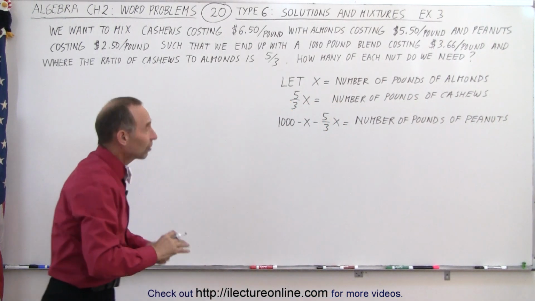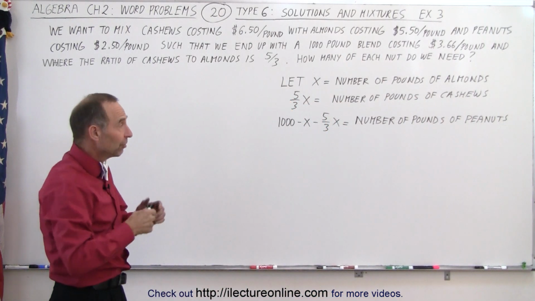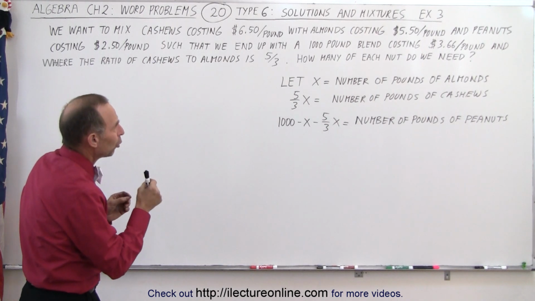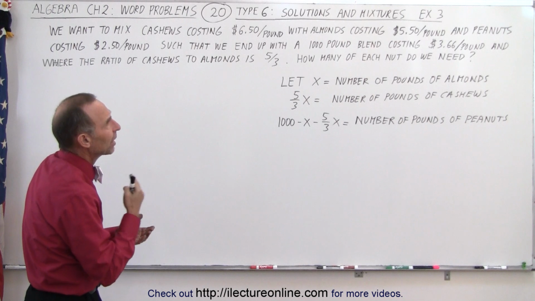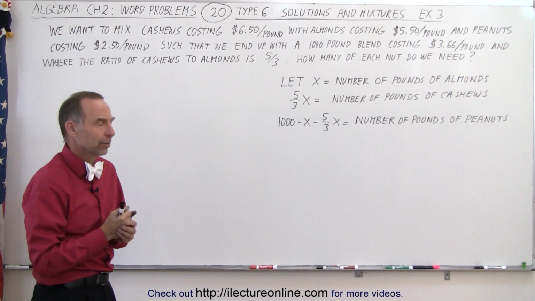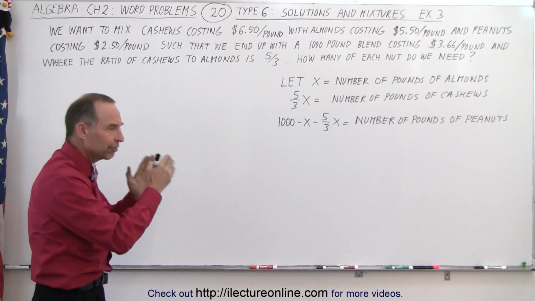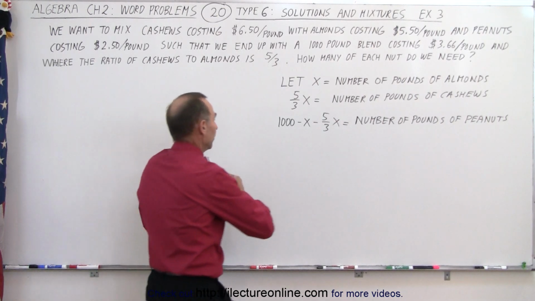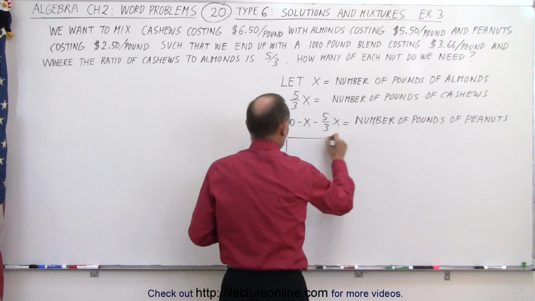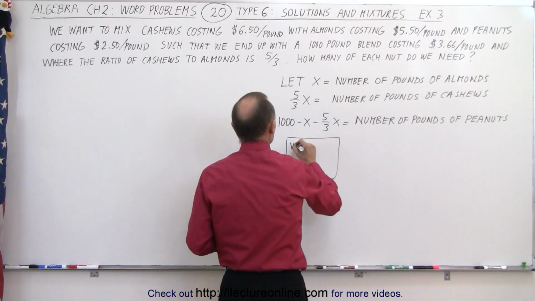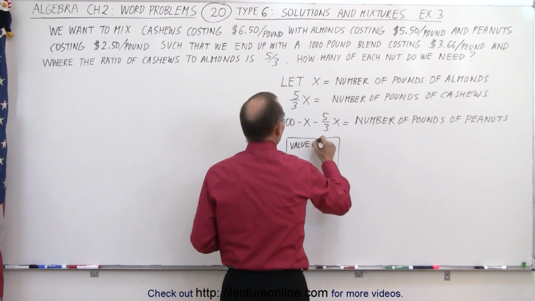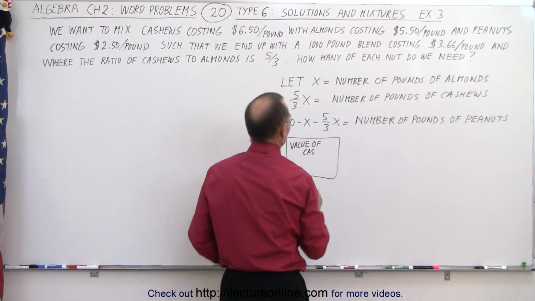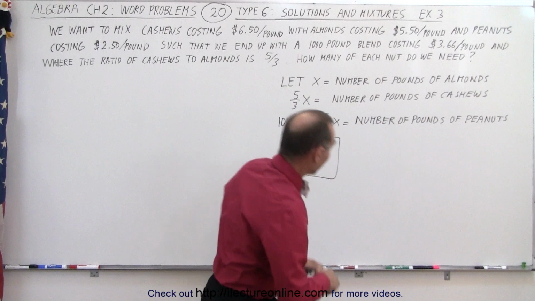Now we need an equation to figure out how much of each nut we need. The key is that the final blend should cost $3.66 per pound. If we keep track of the value of each nut, we can come up with an equation. Let's start with almonds, because we have less almonds than anything else.